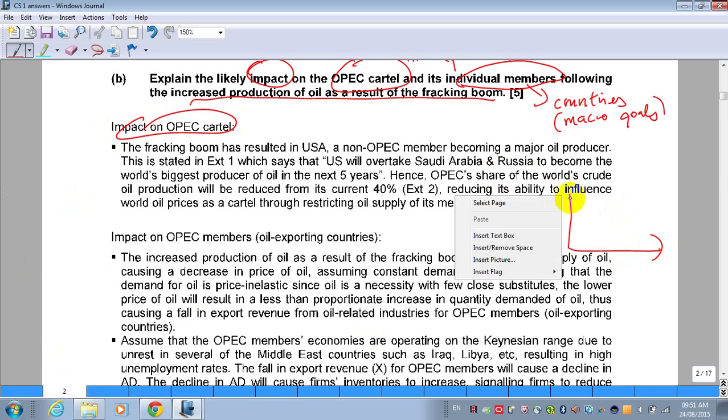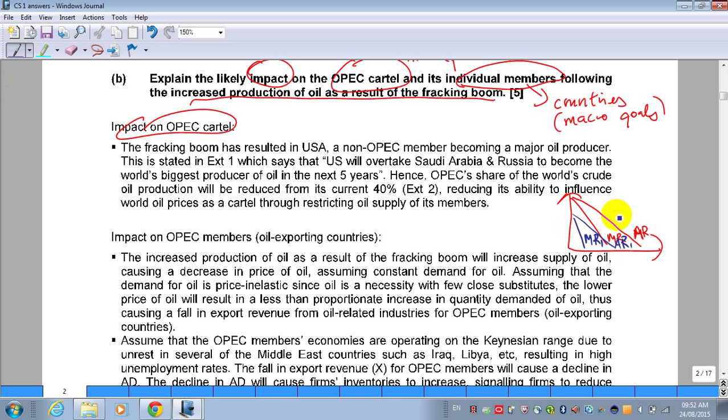Initially this would be the AR and this would be the MR. But what happens is that with more production of oil by the US companies who are using fracking now, the demand for OPEC's oil will fall to AR1, and MR1 will follow suit.